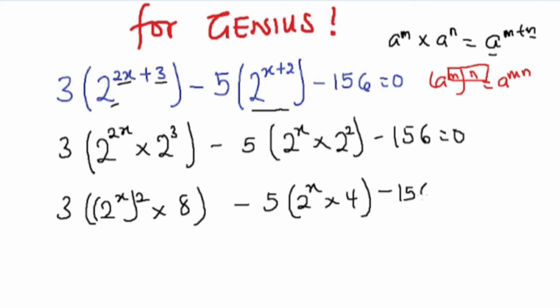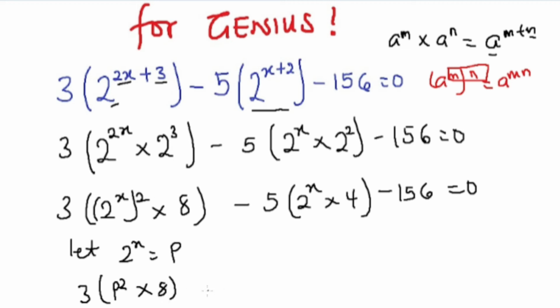I already have 2 raised to power x common on this side, so I want to bring it out to condense my question by saying that 2 raised to power x, let it be p, for example. So I'll be having 3 into p squared times 8 minus 5 into p times 4, then minus 156.